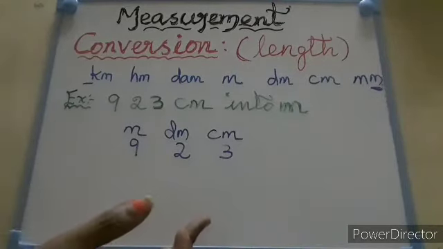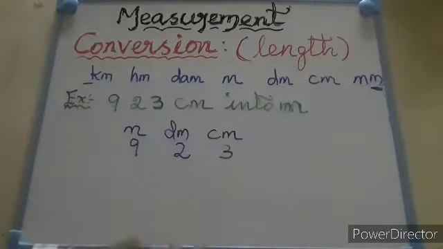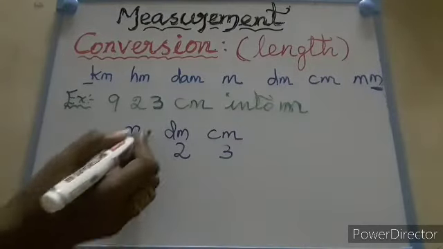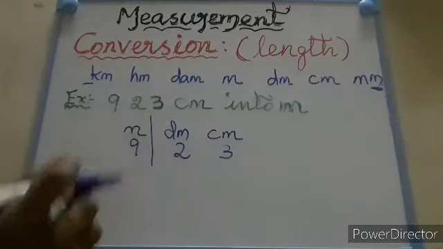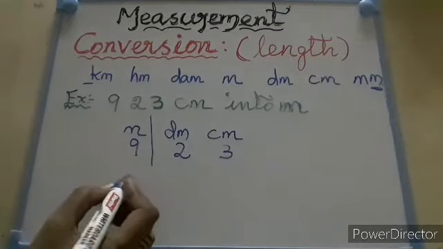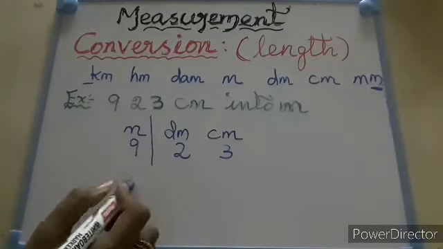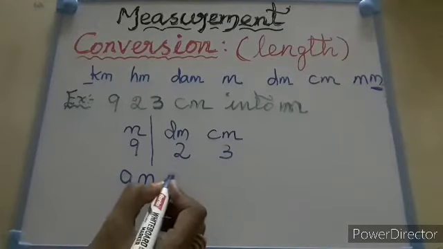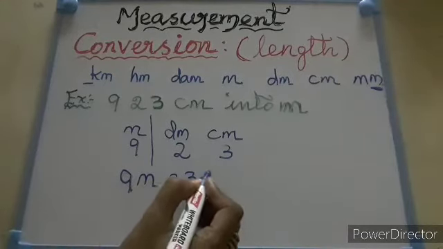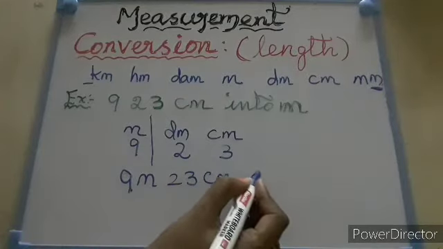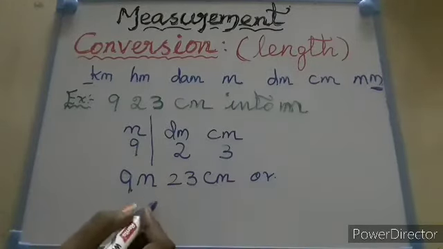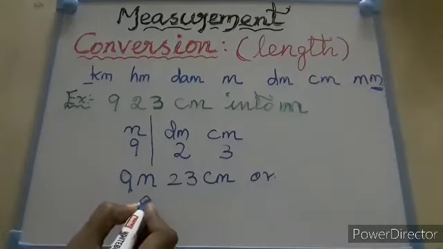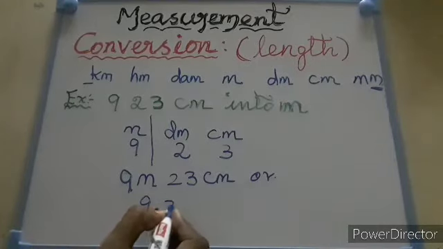What did they ask in the question? They asked meter, right? So you just draw the line near the meter. Now you can write 9 meter 23 centimeter, or if you write in the form of a point, 9.23.